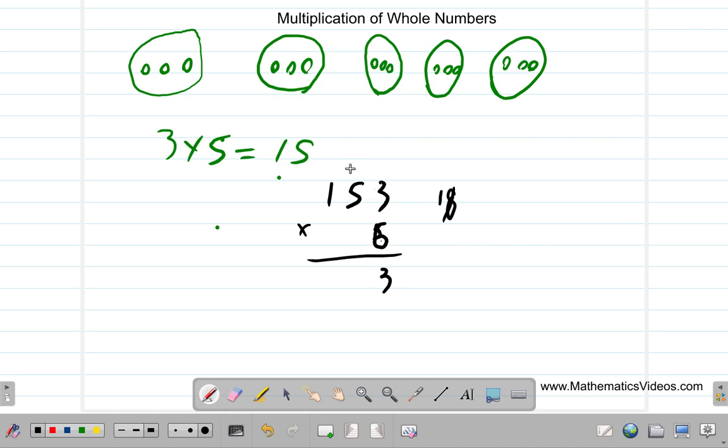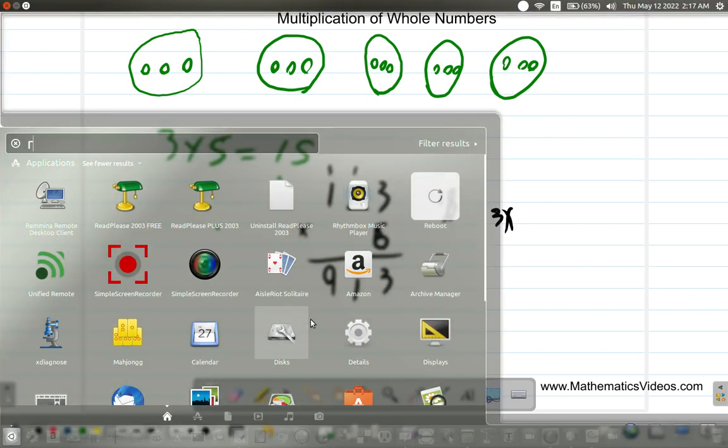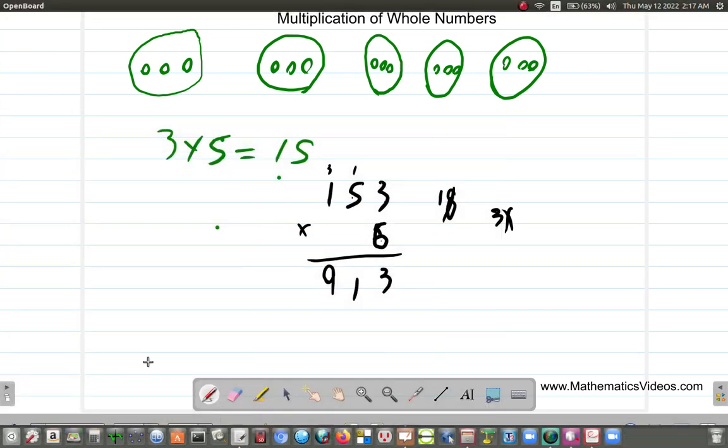Bring down the 8, carry 1 over the 5. 6 times 5 is 30, and 1 is 31. Bring down the 1, carry the 3 over the 1. 6 times 1 is 6, and 3 is 9. Now we can always test the multiplication with the calculator, right?